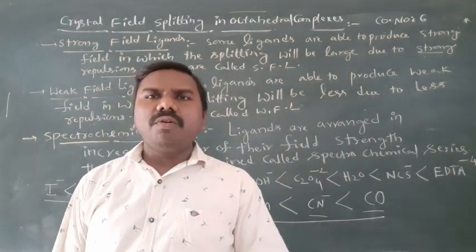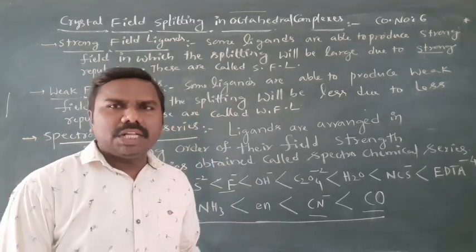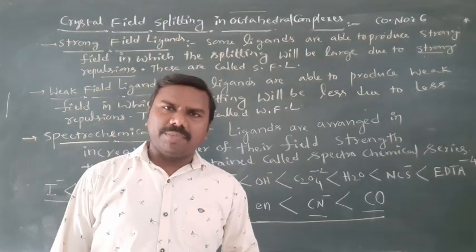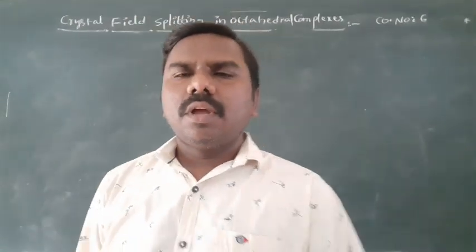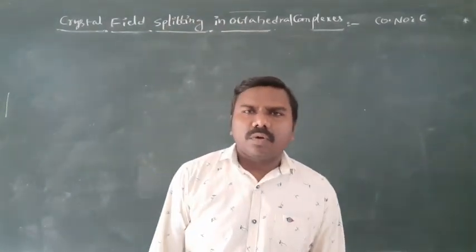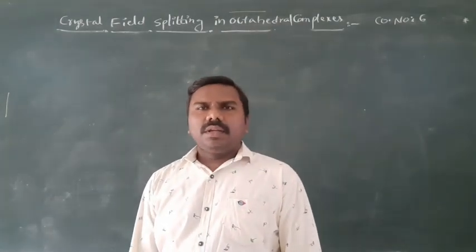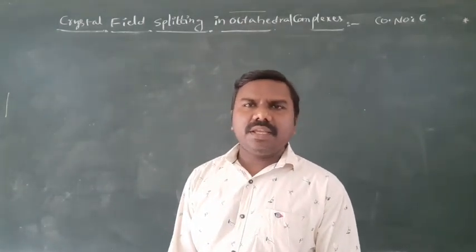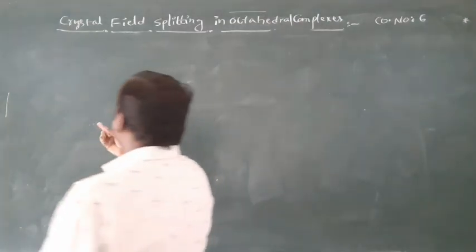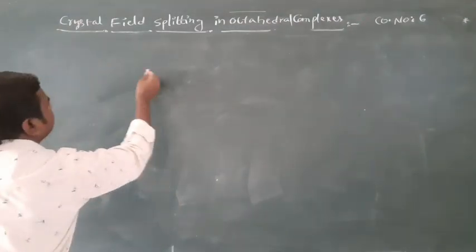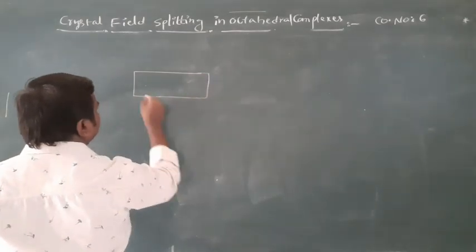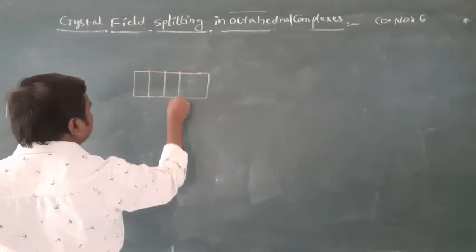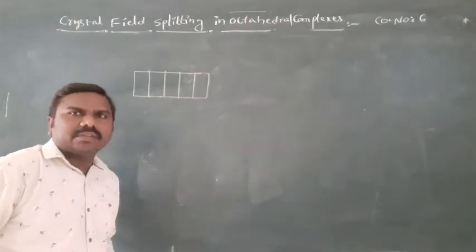And now, how to fill electrons in t2g and eg orbitals? You'll observe now. Filling of electrons in t2g and eg orbitals. First, these are degenerate d orbitals of the free metal.